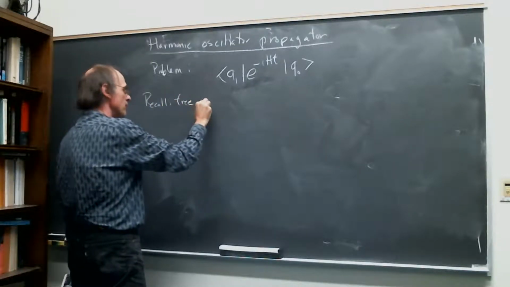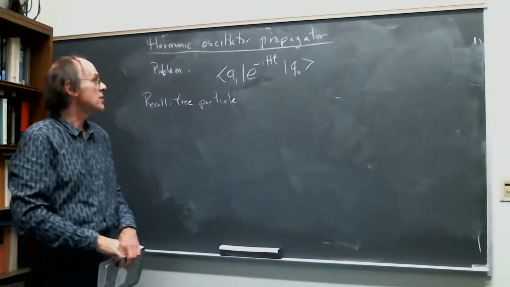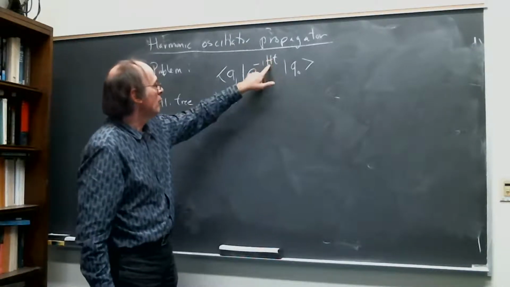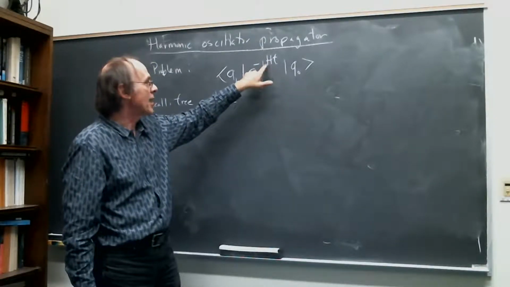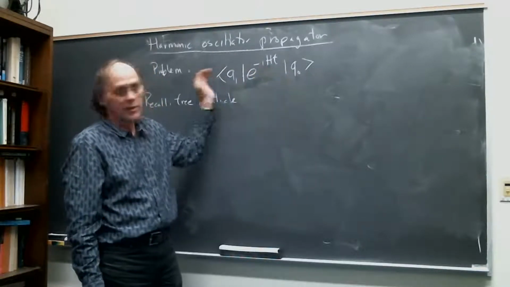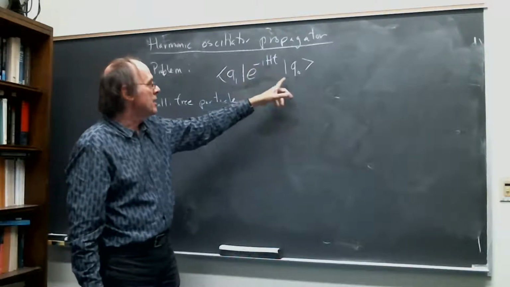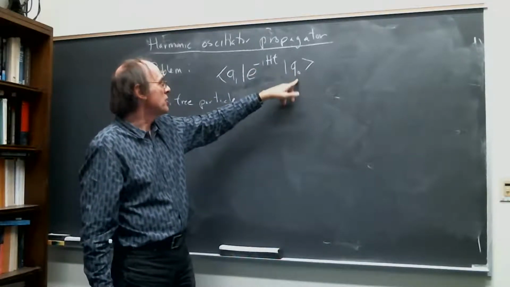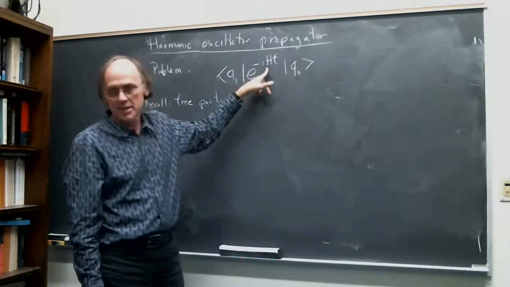And what we did for the free particle. Your problem here is that this is a complicated operator. If this operator was a diagonal operator, then this would be an easy calculation. So you want to change representations to where this operator is easy to evaluate.